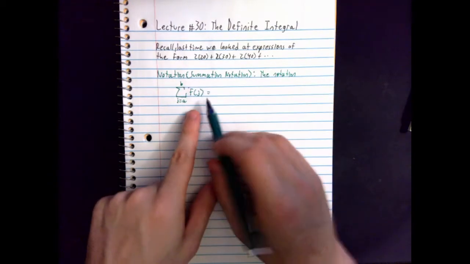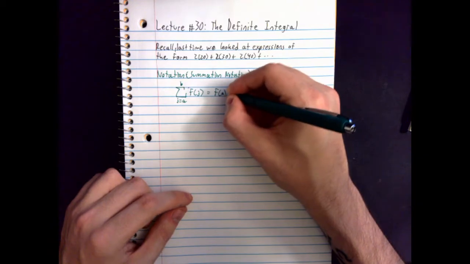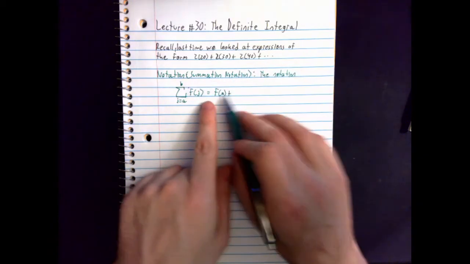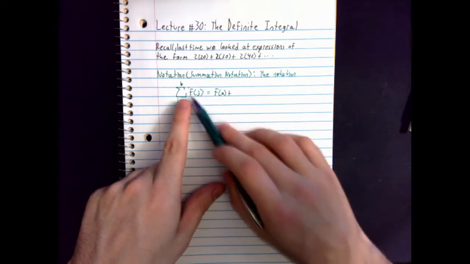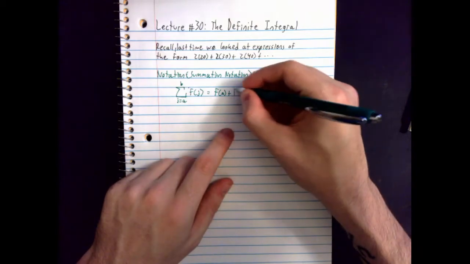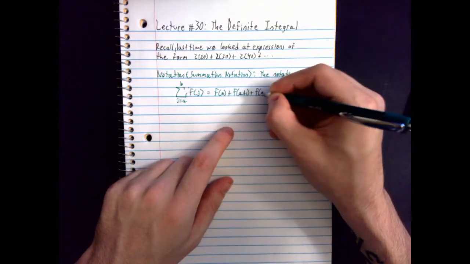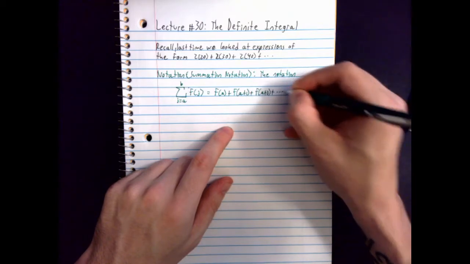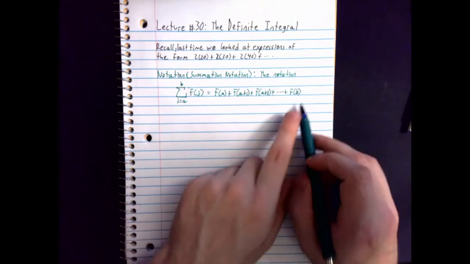All this means is I'm going to start at the value a, and then add up all of the successive functions evaluated as I increase this index by 1. So I'll have f of a plus 1 plus f of a plus 2, and so on, up to the upper limit of summation, which is b here.